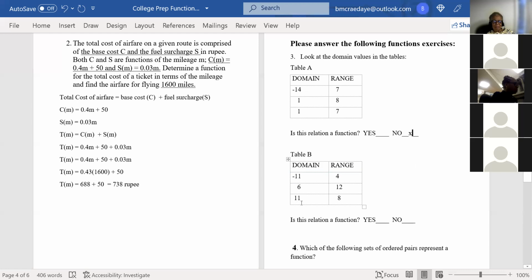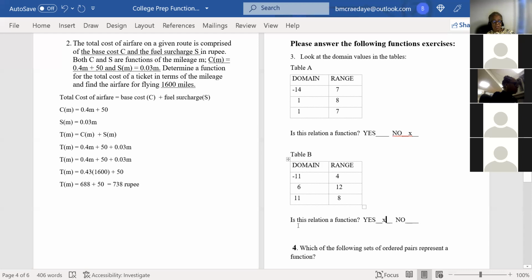See that minus 11 and 11 are different. One X value is negative, one is positive. Minus 11 is not equal to a plus 11. They're different values. So function, yes, because every X value has its own unique Y value.